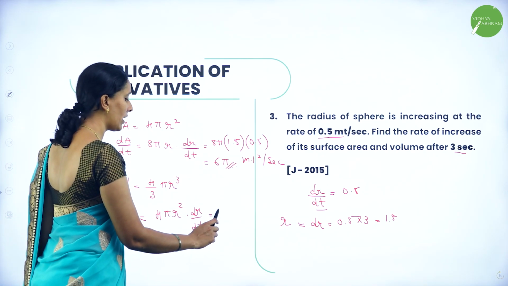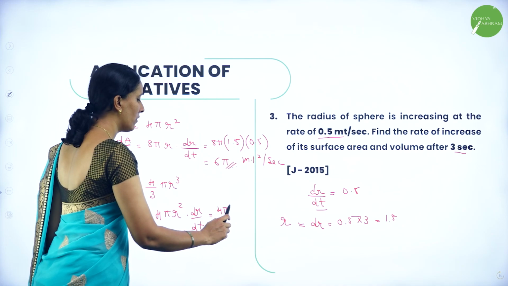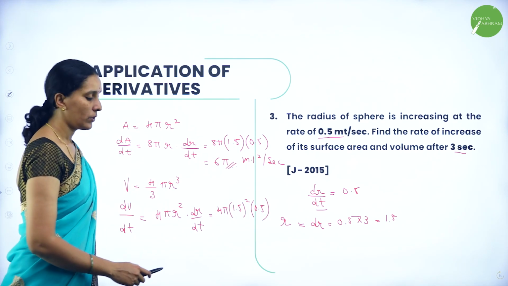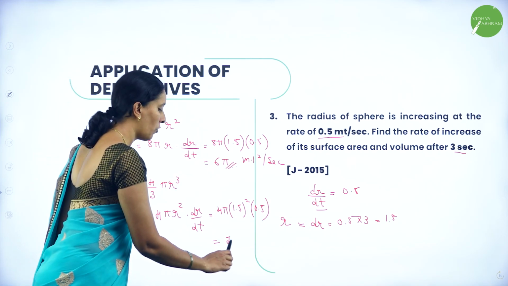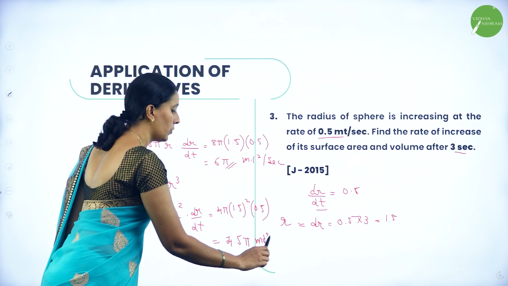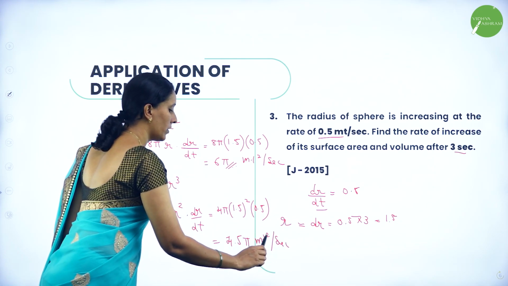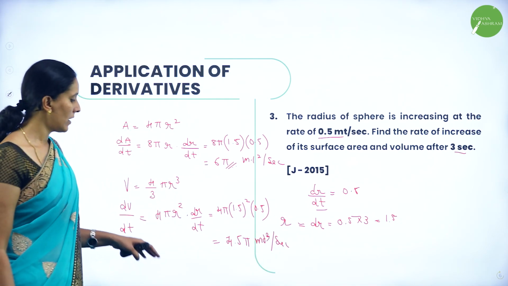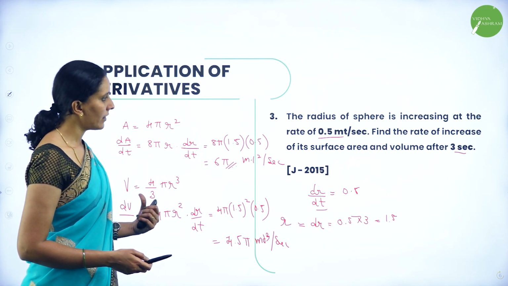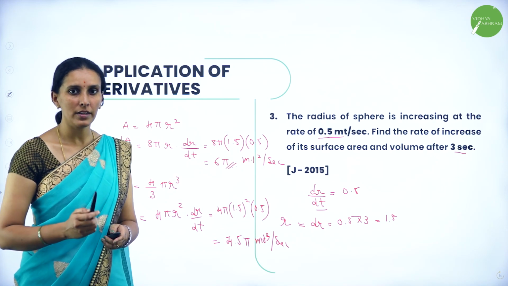So therefore here we can write this as 4 pi into 1.5 whole square into 0.5. So this is equal to 4.5 pi meter cube per second. Since this is volume, we write meter cube. So this is the change in area as well as change in volume of a sphere.